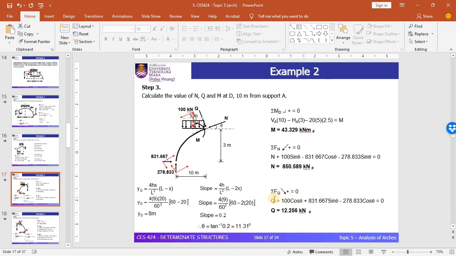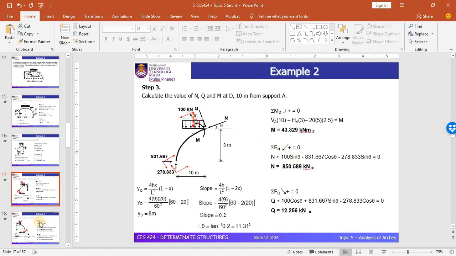Simplifying this, the radial shear force at point D is equal to 12.256 kilonewton. That is the calculation of internal forces for the UDL.